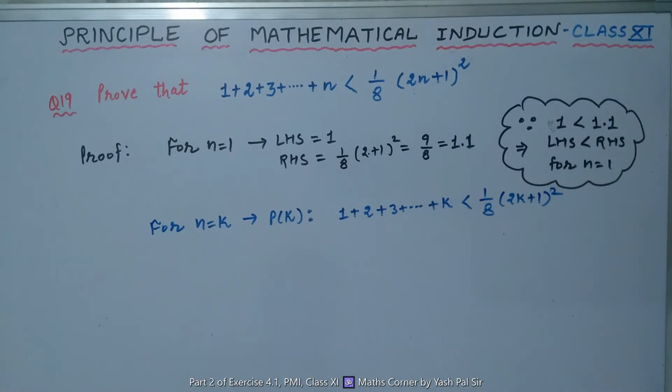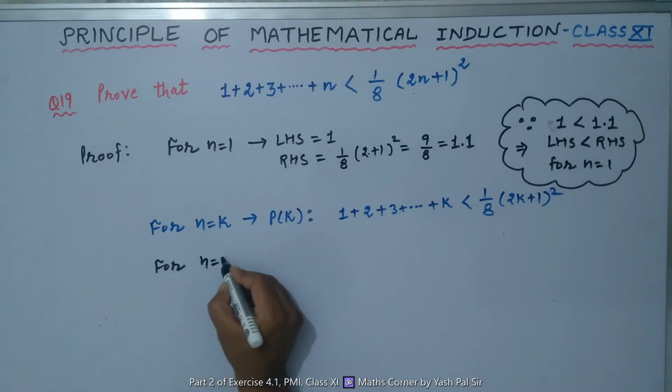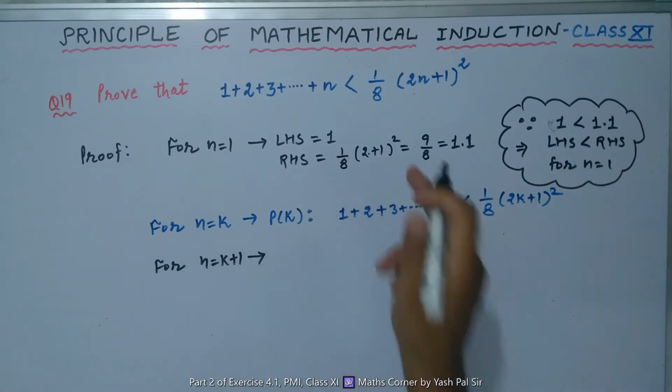So in the last step, which is the main step of the question, now we shall prove that for n is equal to k plus 1, this statement should be true.